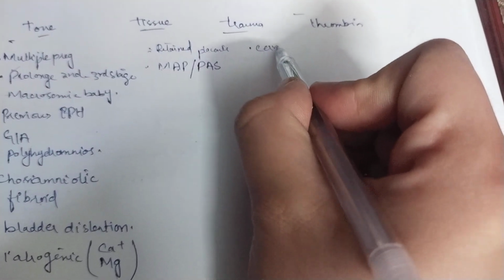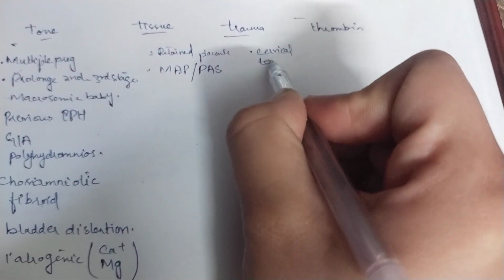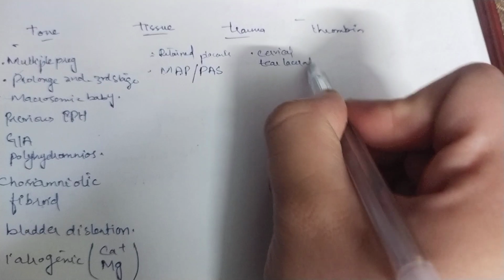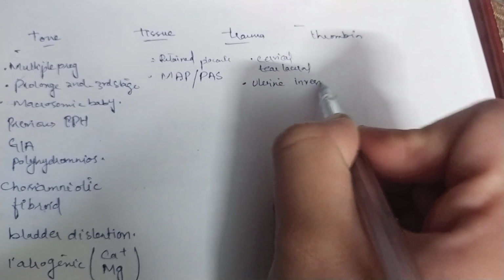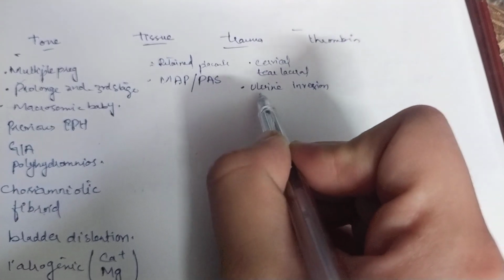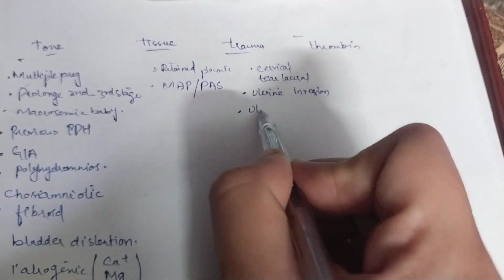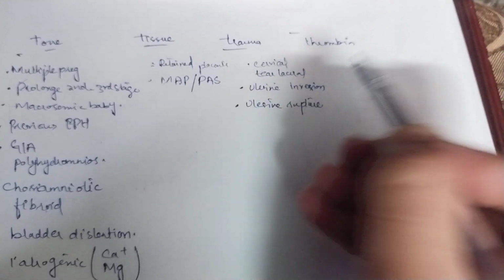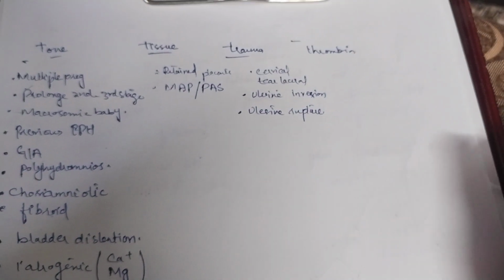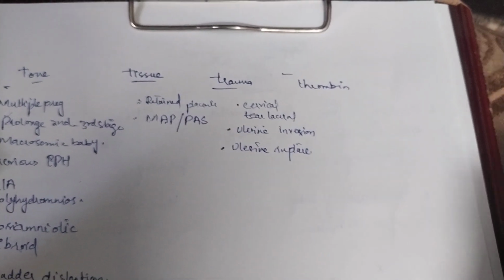Trauma: cervical tear or laceration, uterine inversion, uterine rupture. Okay, any trauma to the genital tract during the delivery process can result in PPH.